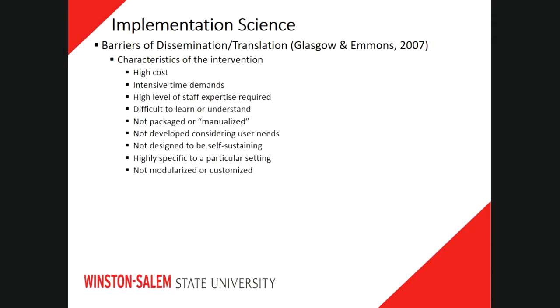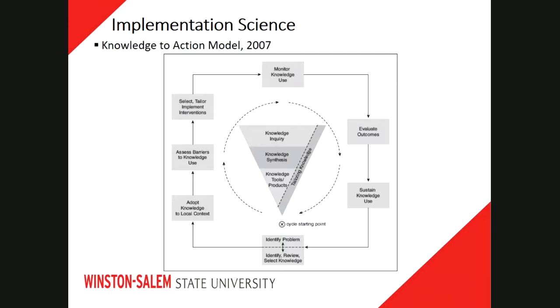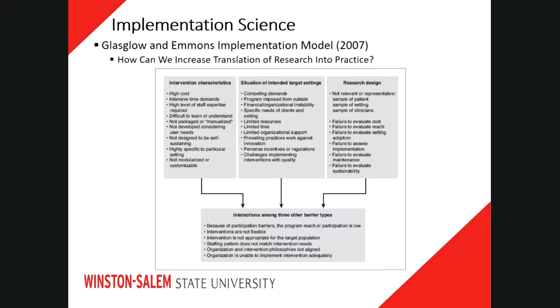And this goes back to the model that we saw earlier, if I'm not mistaken. Yes, Glasgow and Emmons implementation model. And so all of these items are listed here. The first, the intervention characteristics.